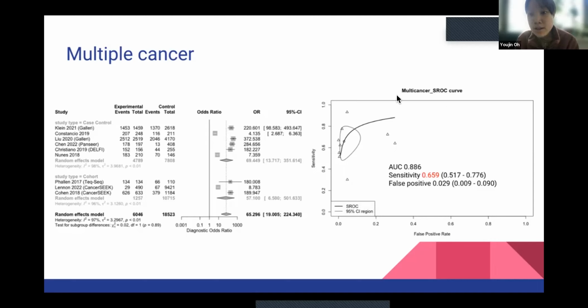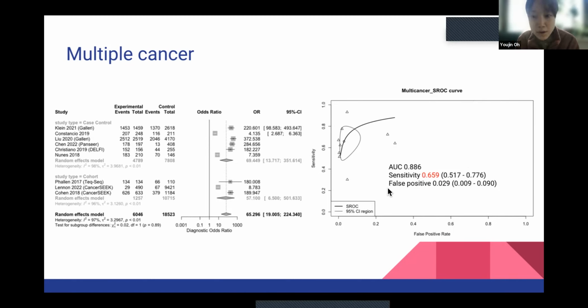And I think this SROC curve is the standard format for reporting results of a meta-analysis on diagnostic accuracy tests. Usually they report four values: AUC, the area under the curve, sensitivity, and false positive rate, which can be interpreted as specificity.